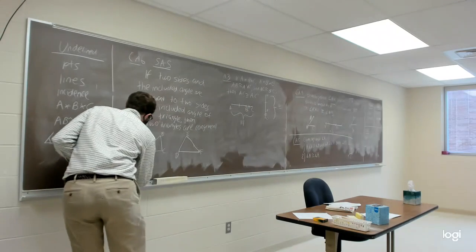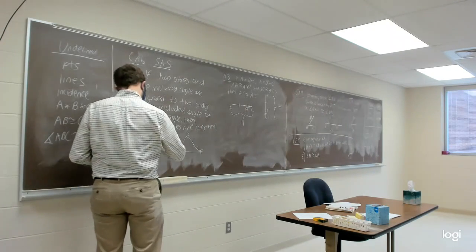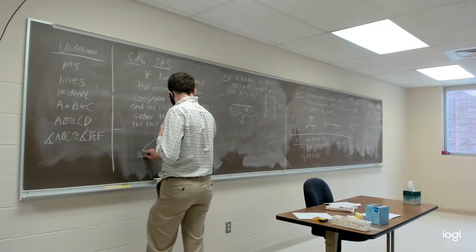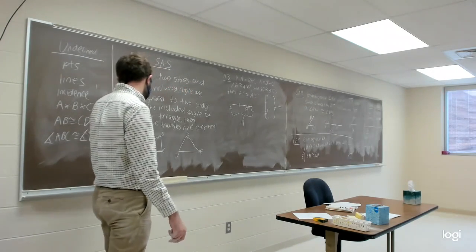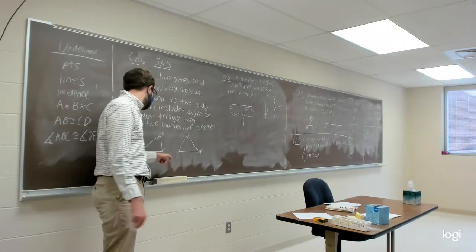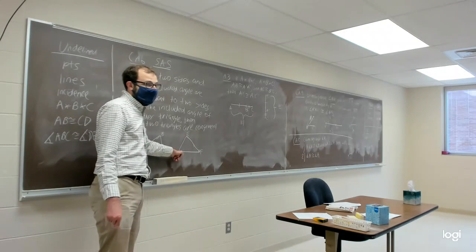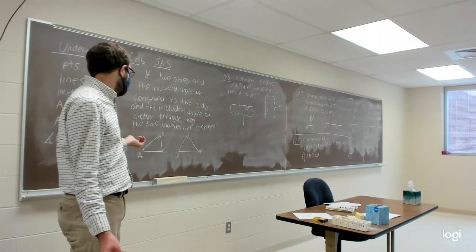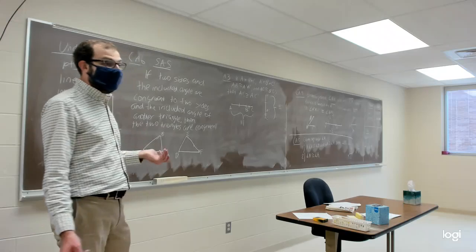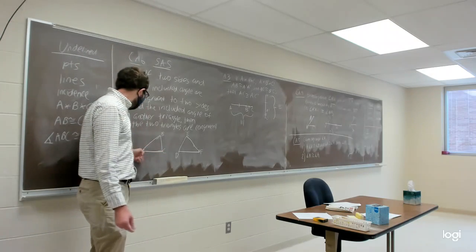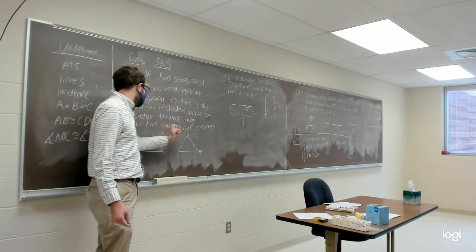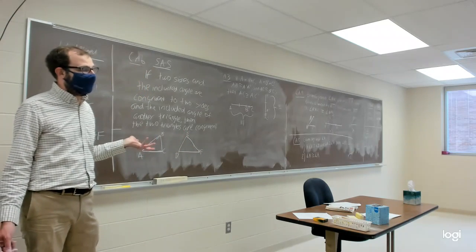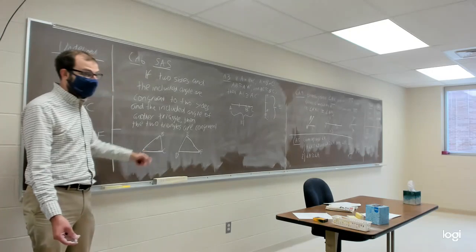Let's make this one a little bigger. It actually looks like these are congruent. So here we would need to say something like, oh, let's map A to F, B to E, C to D. And then we would need that AB is congruent to EF, BC is congruent to ED, AC is congruent to FD, and angle A is congruent to angle D, angle B is congruent to angle E, angle C is congruent to angle F. Here I'm using terms like angle A because it's clear that it has to be this one.